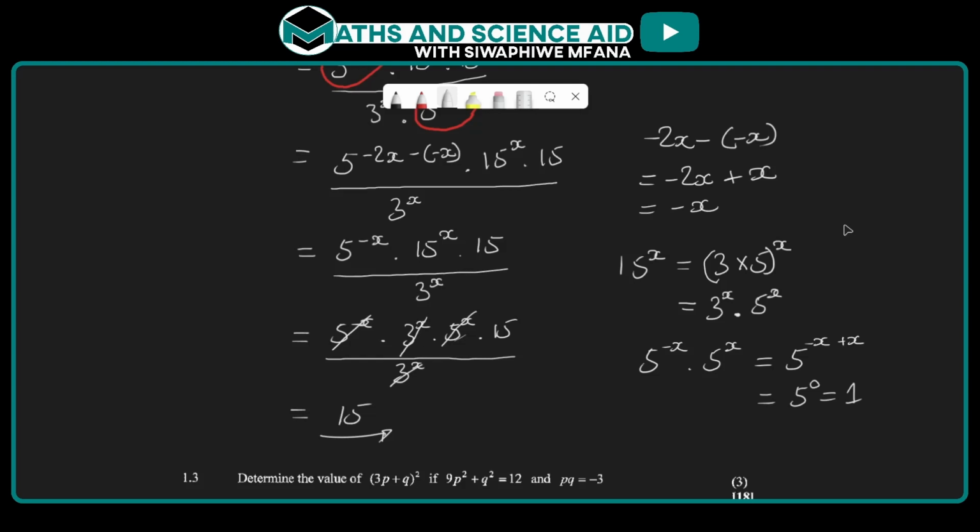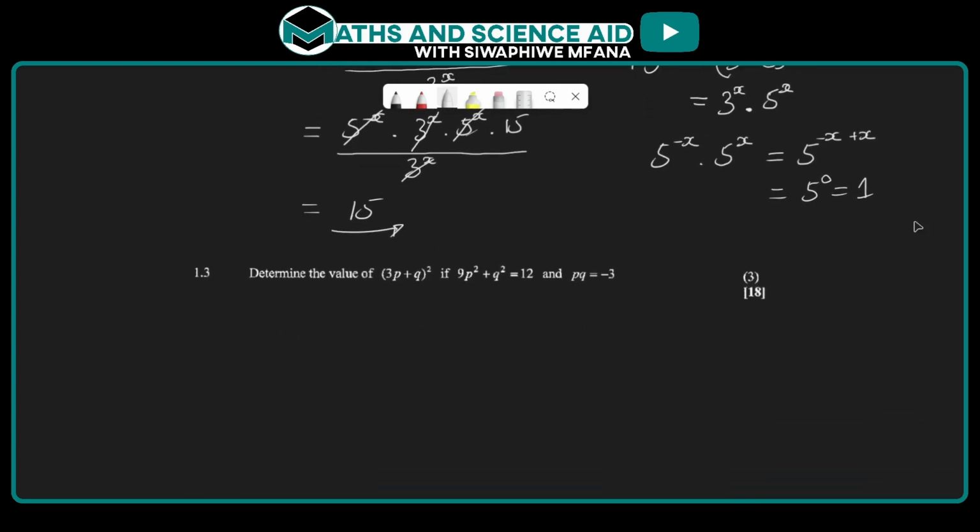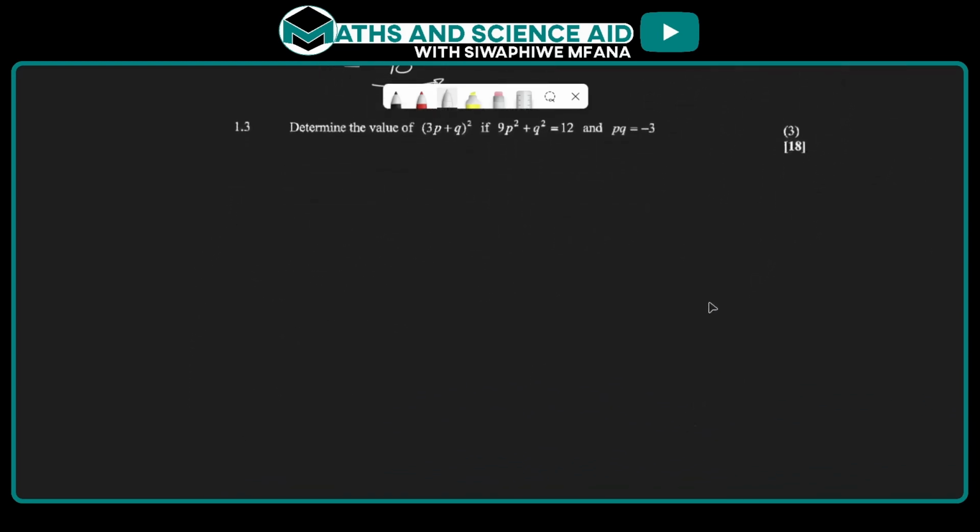And so now let's move on to the last question. And so the last question here, 1.3, is determine the value of (3p plus q) all to the power of 2 if 9p squared plus q squared is equal to 12 and pq is equal to negative 3.